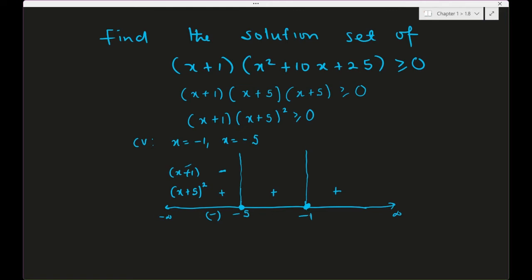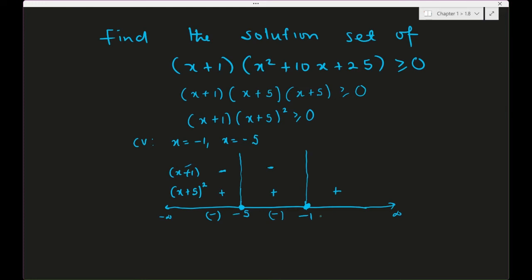Now, between minus 5 and minus 1, take any number. We can take minus 2. So put minus 2 here. Minus 2 plus 1 is still negative. So we still have negative here, and that means this will still be negative, right?